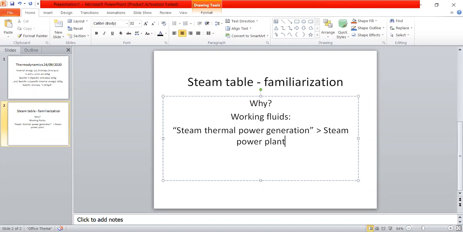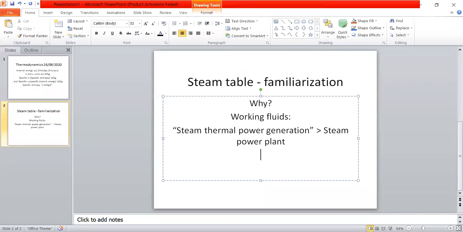The steam changes the state, changes the energy levels, and the steam is the one that performs the work of power generation. That's why we call steam a working fluid. Understand? So if we don't understand the working fluid very well, how are you going to deal with power plants?